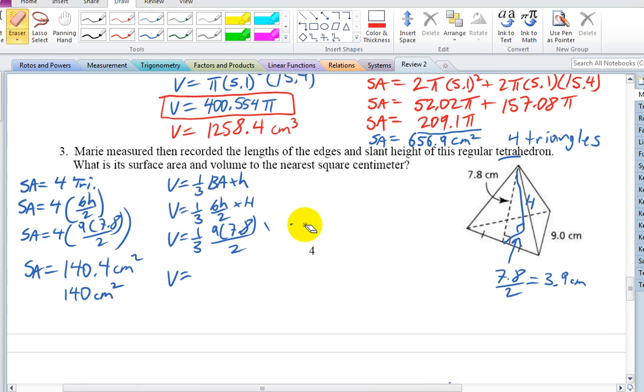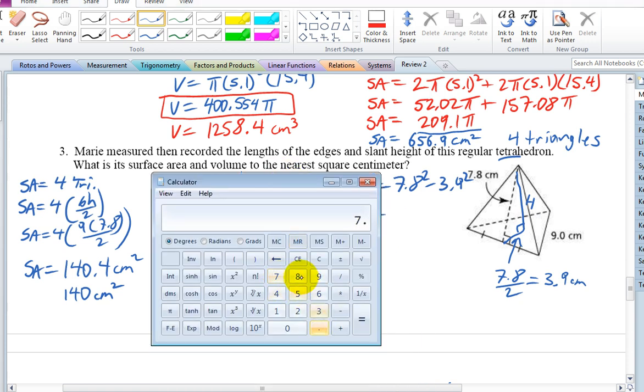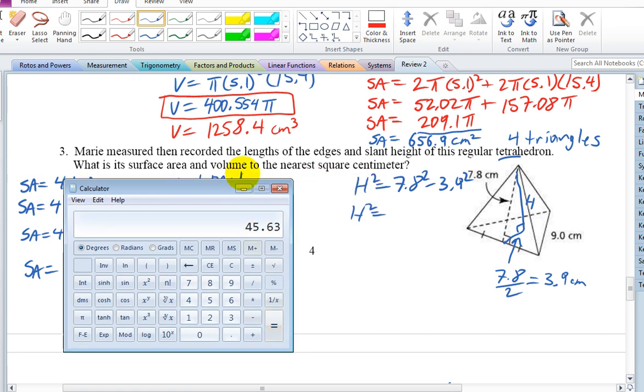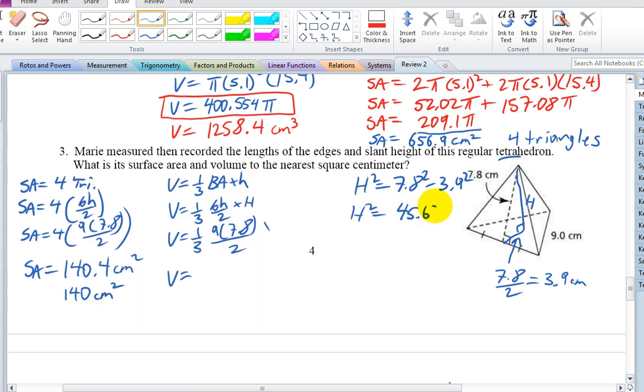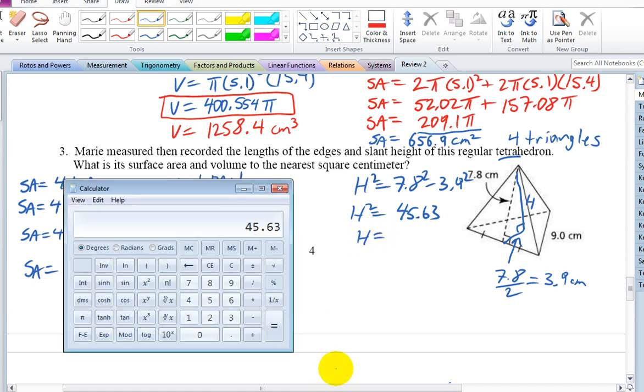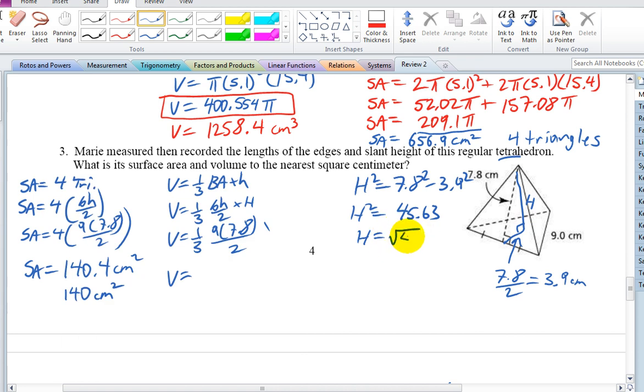You gotta do Pythagoras, right? So h squared equals 7.8 squared minus 3.9 squared, which is 45.63. So h equals square root 45.63.